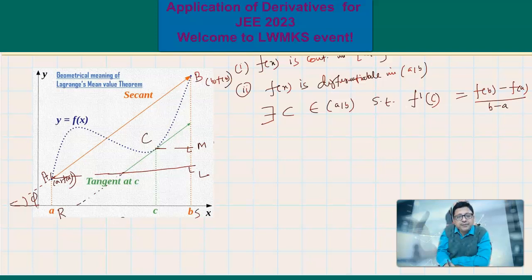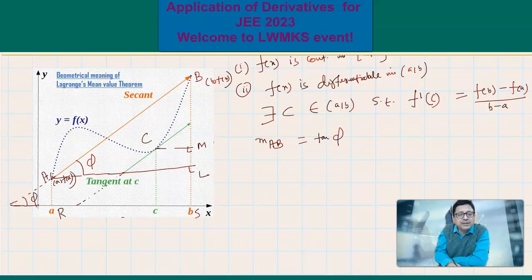From the points A and B we have dropped perpendiculars on the x-axis. Now if this angle is phi, this one is going to be equal to phi, and then the slope of this chord AB is what? This is equal to tan phi, all of you know. Slope of the chord AB is tan phi.